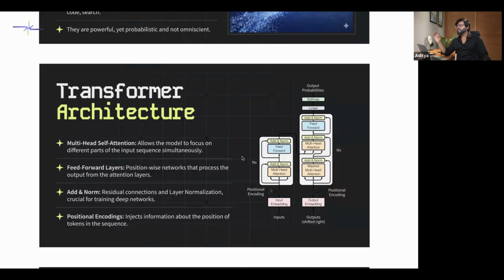These skip connections help the network remember the original signal. Very important to know, because while the token is being passed through the neural network to transform information through the feed forward layer, it's important that we do not lose the original signal, the original information, and add and norm take care of that for us.